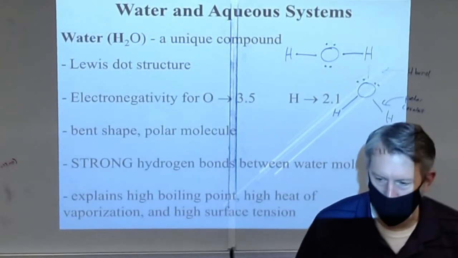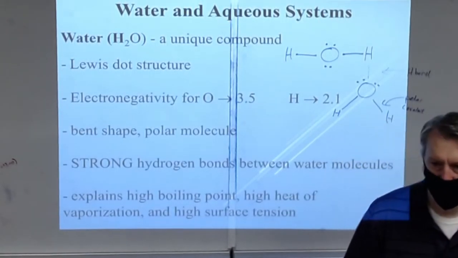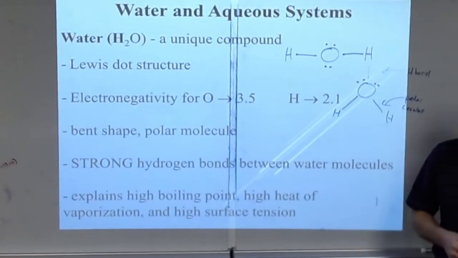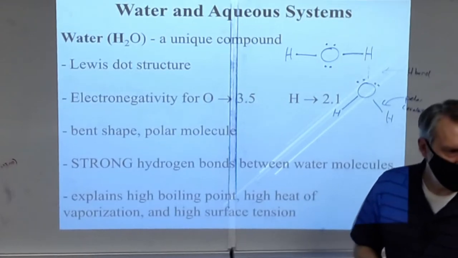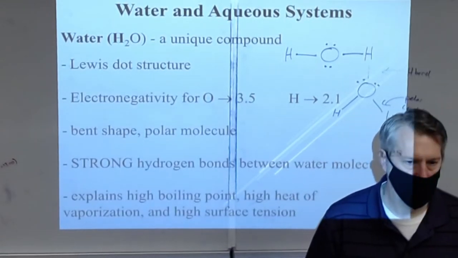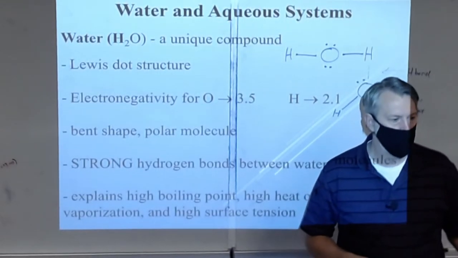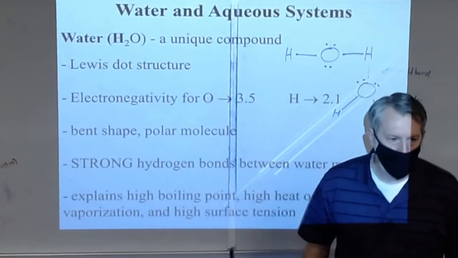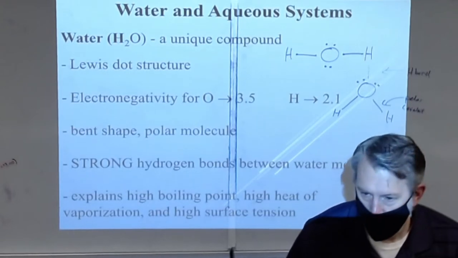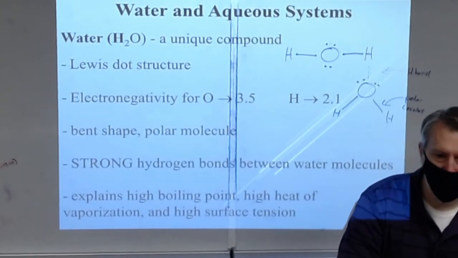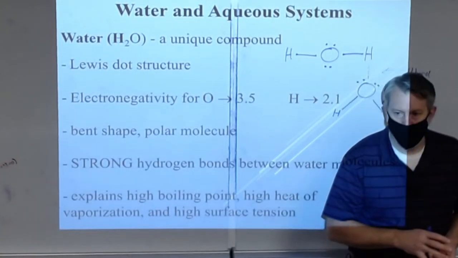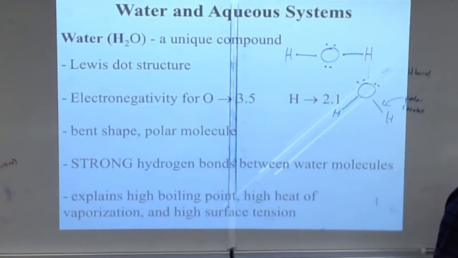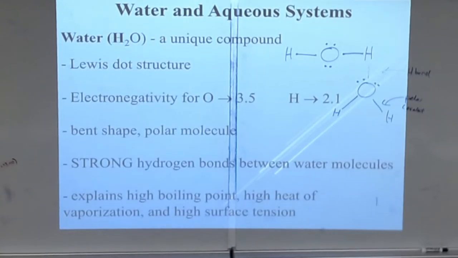Carbon dioxide's got a molar mass of what? 12.01 plus 16 times 2. Yeah, so 44. So carbon dioxide has got a molar mass of basically 44 grams per mole. And yet its boiling point is minus 80 degrees Celsius.